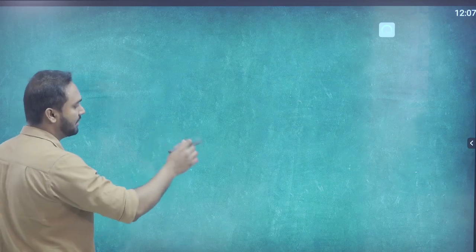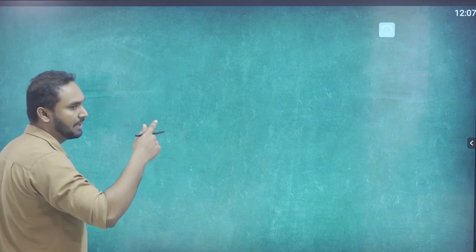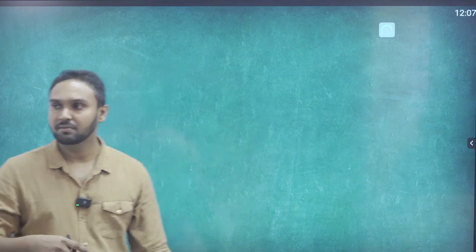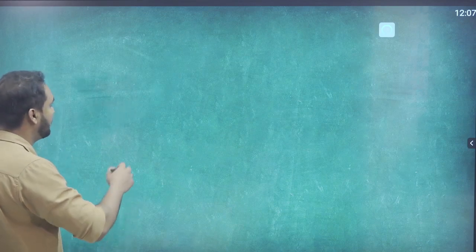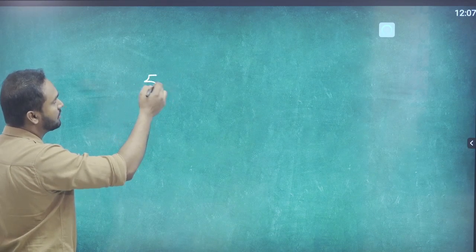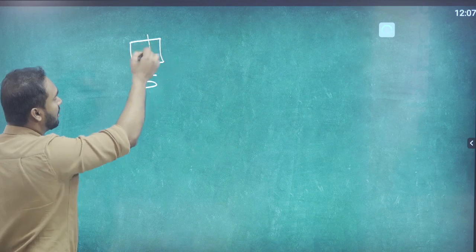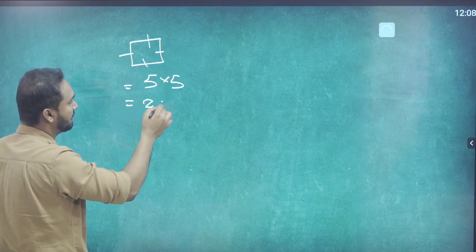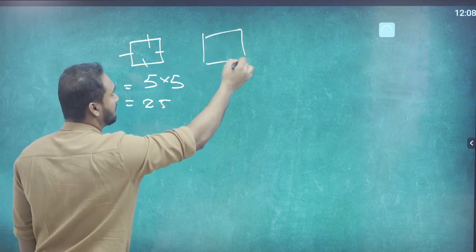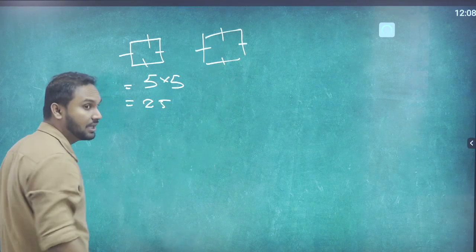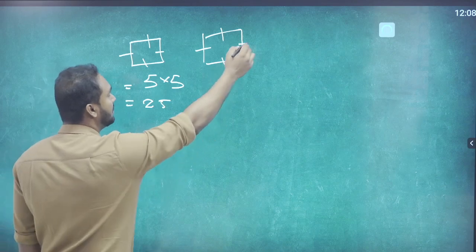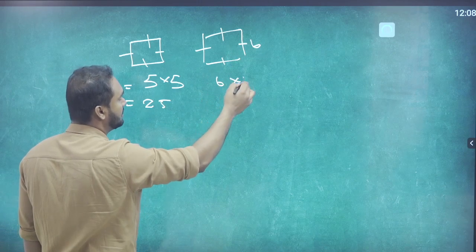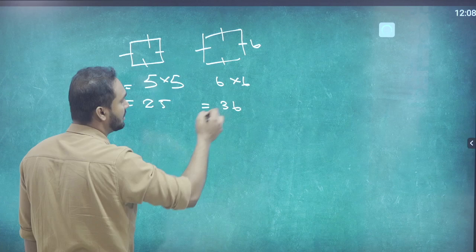Right, so what are the side lengths now? Listen. The perimeters were given. In order to find the complete area, you have to take the side lengths first. The first one, the perimeter was 20. So 20 divided by 4 is 5. In the first square, it is 5 into 5, which is 25. And the second square, the perimeter was 24, so the side length is 6. 6 into 6 is 36.